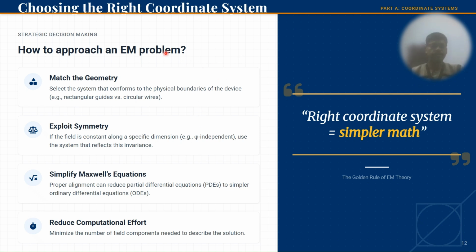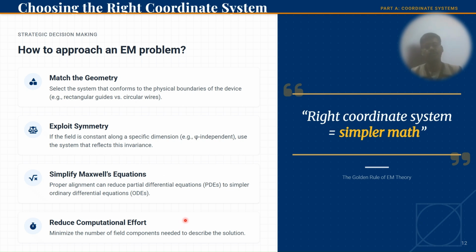As mentioned, choosing the right coordinate system is how to approach an EM problem: match the geometry, that is, for the geometry we are going to solve, which kind of coordinate system is required. Exploit symmetry if the field is constant along specific dimensions. Use the system that reflects the invariance.